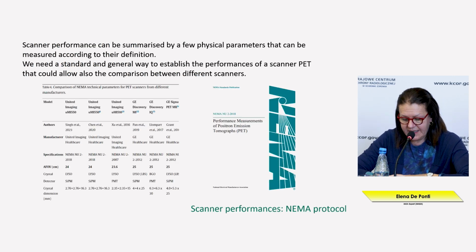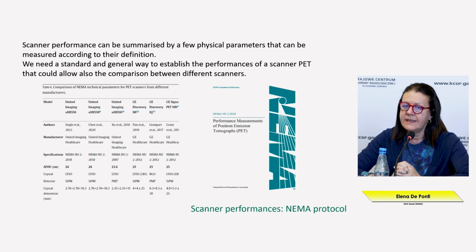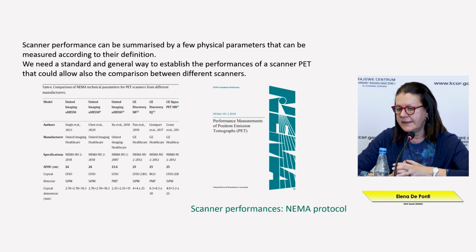When we want to describe a scanner, we need a system to decide which parameters and characteristics we need to measure and evaluate to have a full, complete view of the scanner that we are going to use.